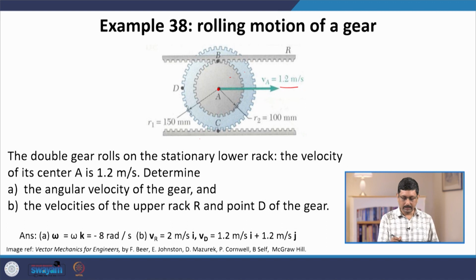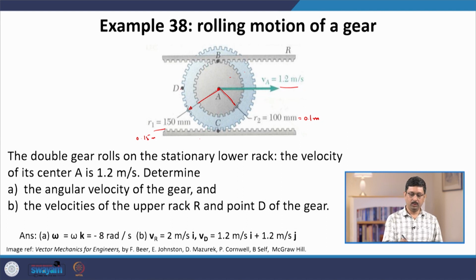Now the size, that is the radius of the smaller gear, is given as R2, which is 0.1 meter, 100 millimeter, and the bigger gear is R1, which is 150 millimeter, that is 0.15 meter. So, the question is, if this center is moving with a linear velocity of 1.2 meter per second, then what is the angular velocity of the gear?